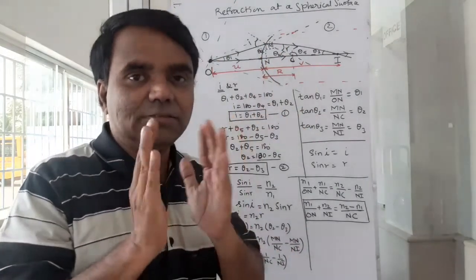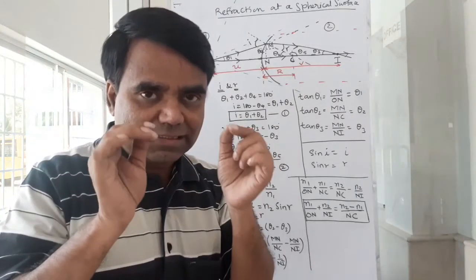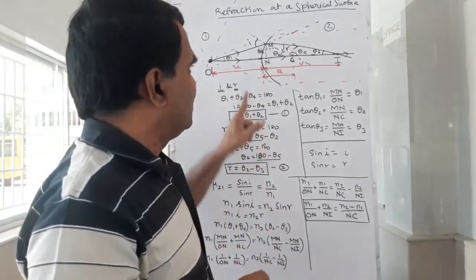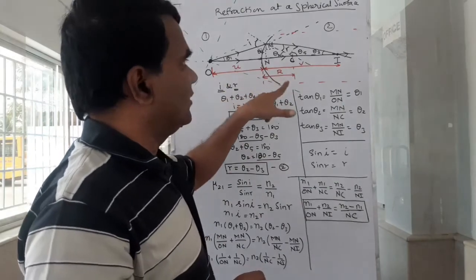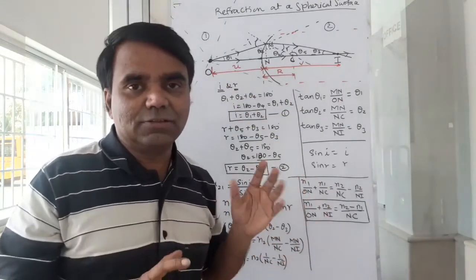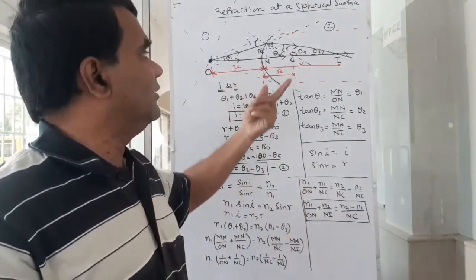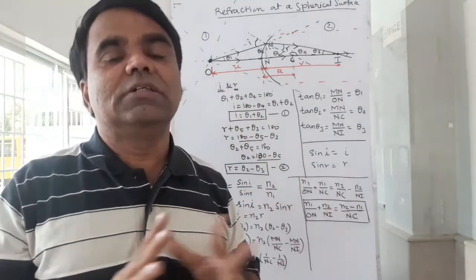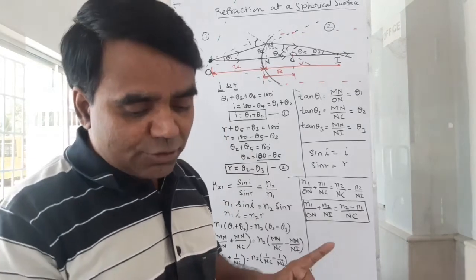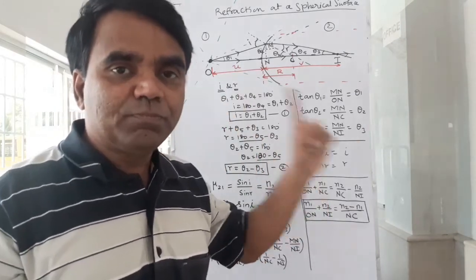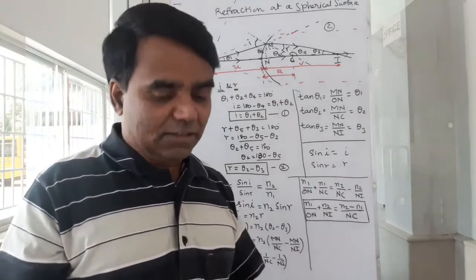I took only the distance, length, without the sign. But the moment I'm going to use U, V and R, then I'm going to use the sign convention. I told you U, V and R cannot be used without the sign conventions. The moment you say U, it will always have a sign associated to it.